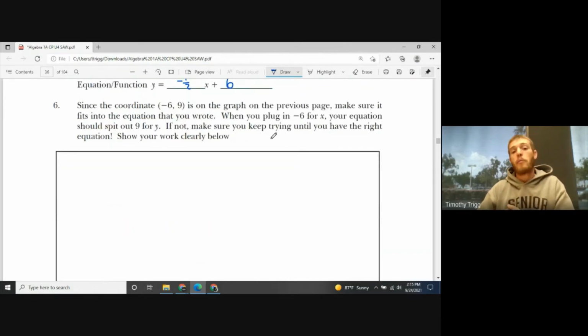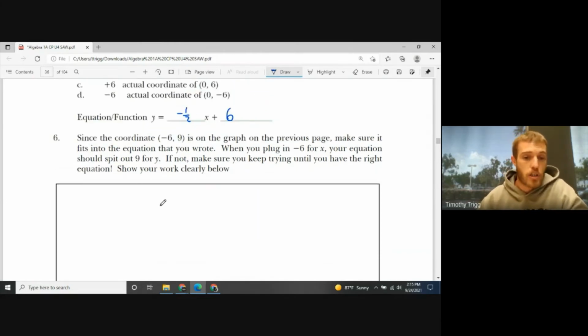Now, like we did on the last example, we're going to check our function to make sure it's correct. So y equals negative 1/2 x plus 6, and we're going to use one of the points on the graph to make sure that it's accurate. We're going to use this point here, negative 6, 9.